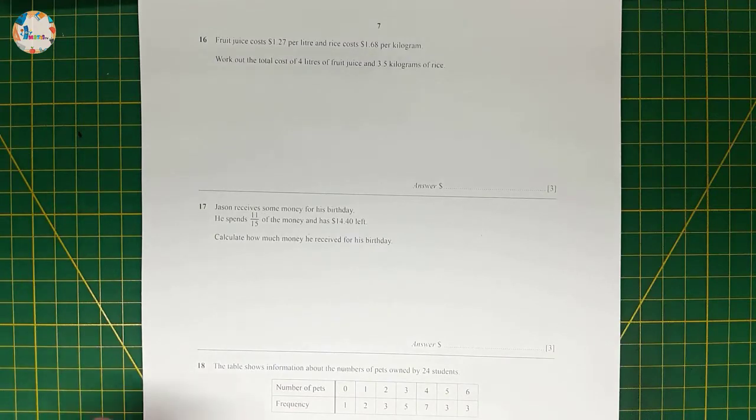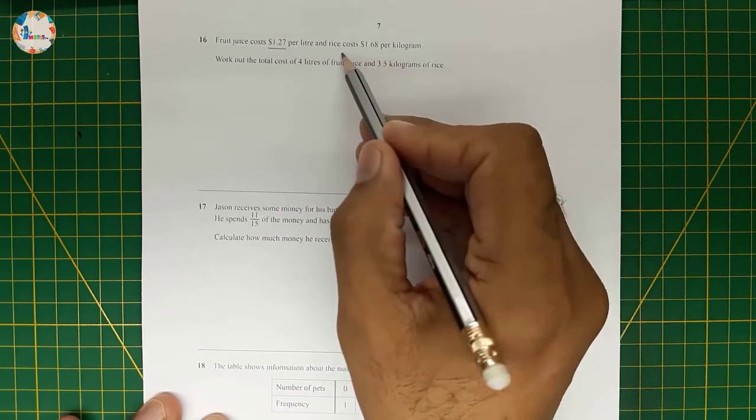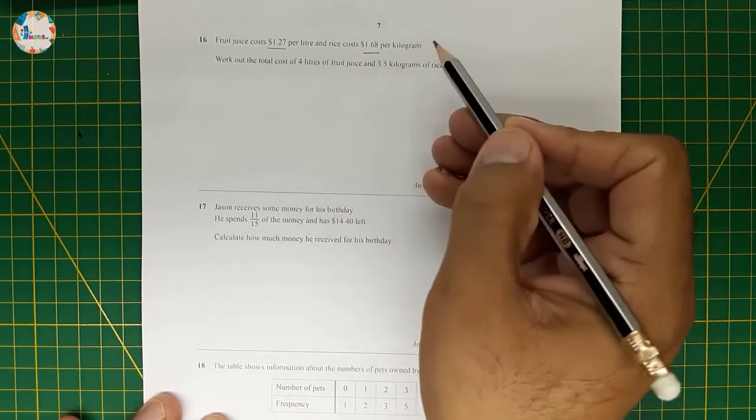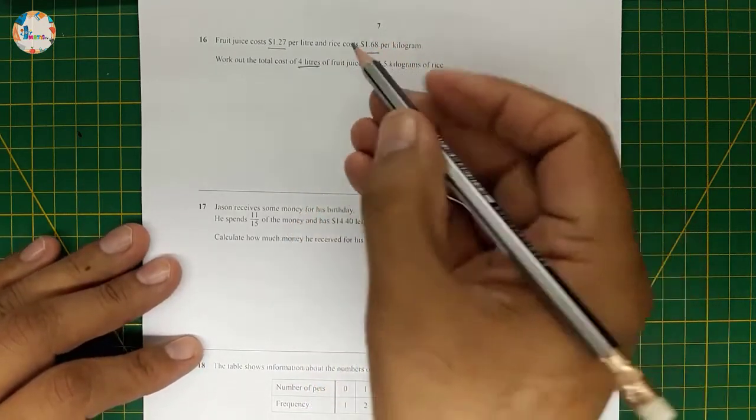Question number 16. Fruit juice costs this much per liter. The rice costs this much per kilogram. Work out the total cost of 4 liters of juice and 3.5 kg of rice.